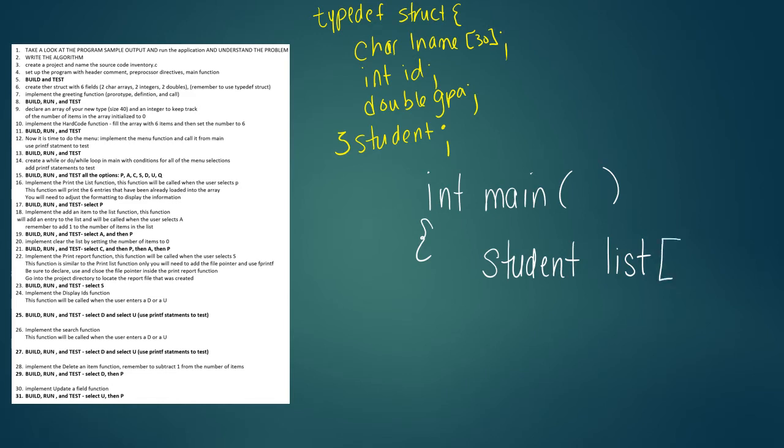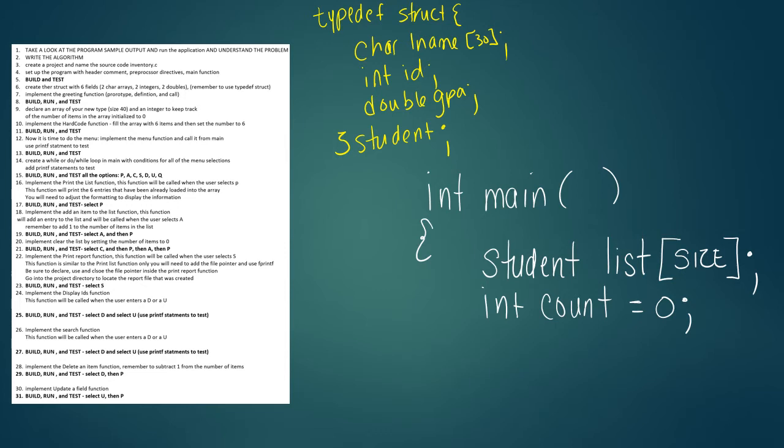So my list is going to be size, which is 40. And I also need to declare a count or a number that keeps track of how many students I've actually placed into my list. And at this time, I have no students in my list, so the count is going to be 0.